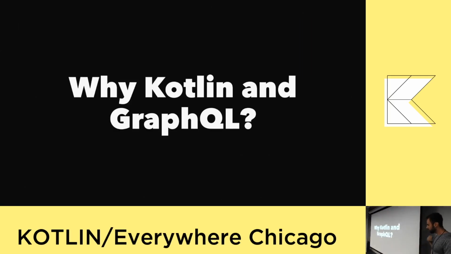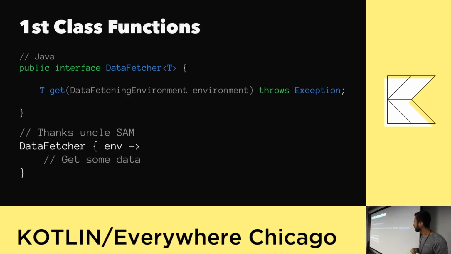So what makes Kotlin a good fit for GraphQL? There's really two major things. The first thing is because Kotlin has first-class function support, there's a ton of boilerplate and a ton of ceremony that we can get rid of. Thankfully, the main interface for fetching data is this DataFetcher interface in Java.